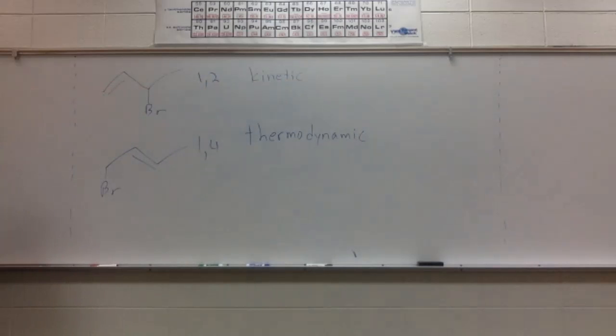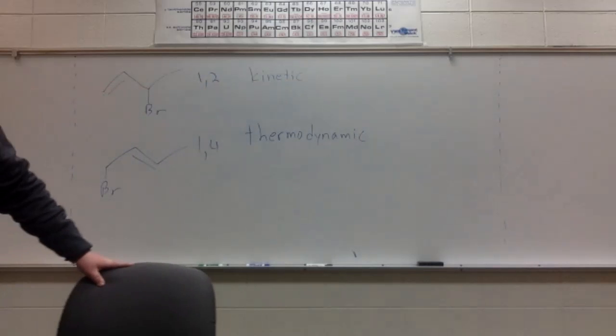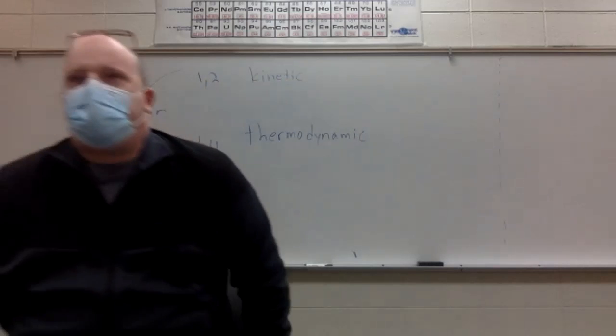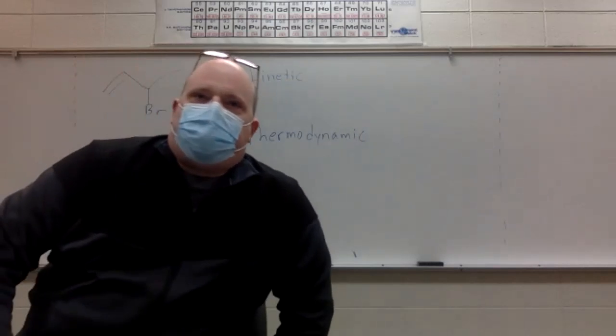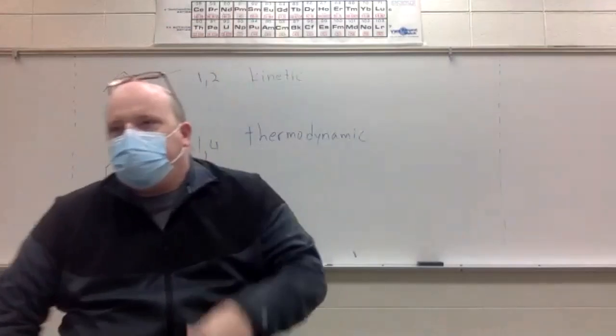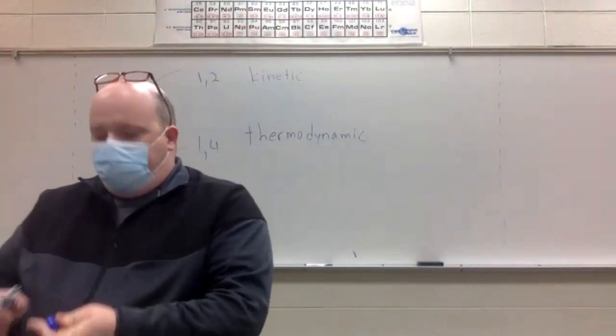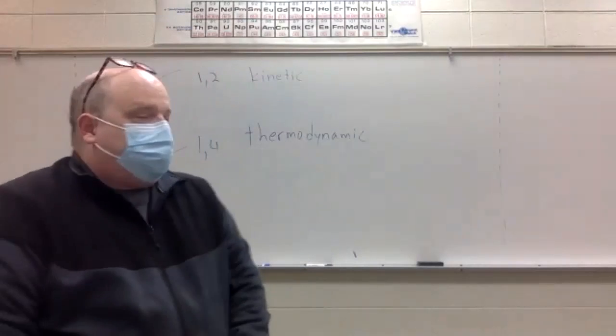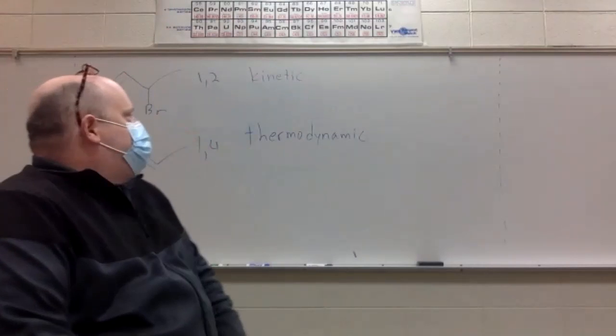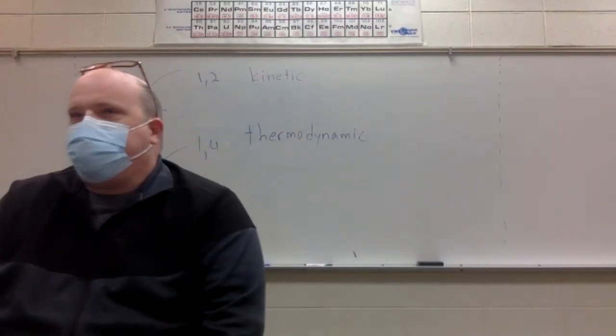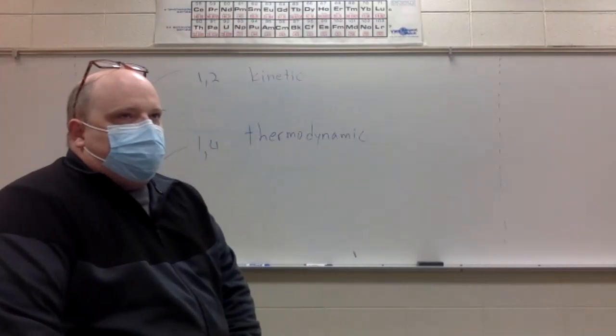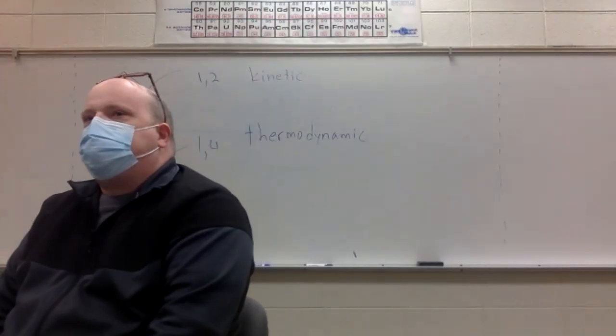And this is important because we can actually play around with an aspect of the reaction conditions to tweak which of these products you'll get in excess. So doing it a certain way may give us 80% of the kinetic product and 20% of the thermo. Doing it a different way might flip things.